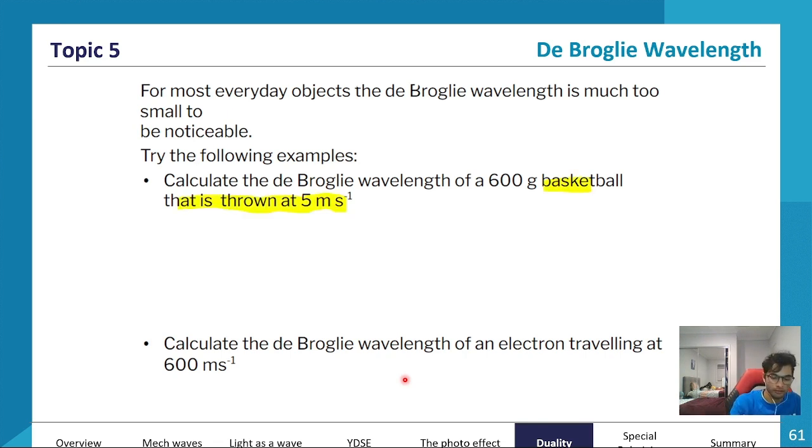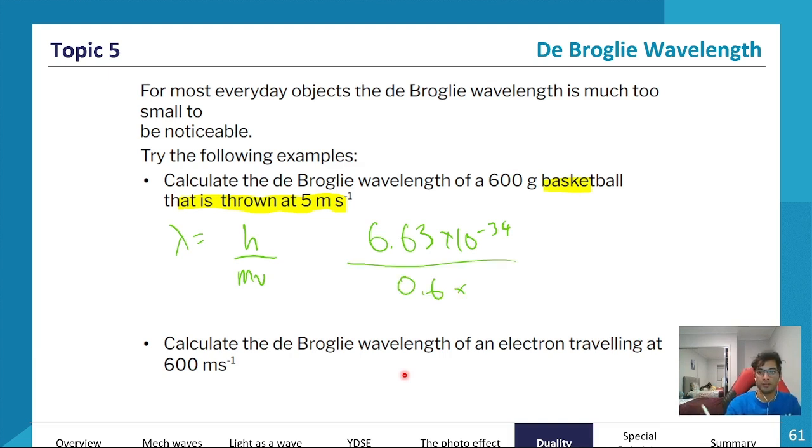The wavelength is equal to h divided by mv, where h is Planck's constant, which is 6.63 times 10 to the negative 34, divided by mv, which is 0.6 times 5 meters per second, which gives us approximately 2.21 times 10 to the negative 34 meters. Right, so a basketball has a wavelength, and that wavelength is this.